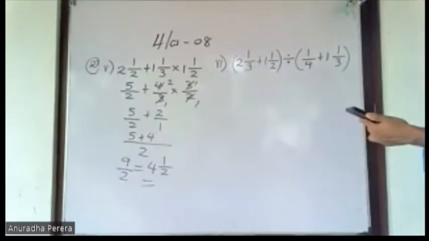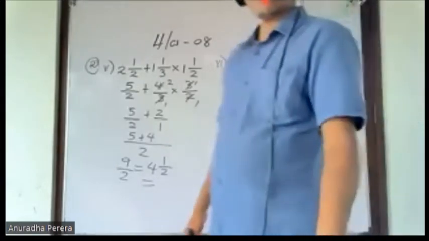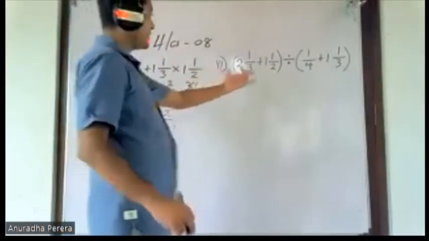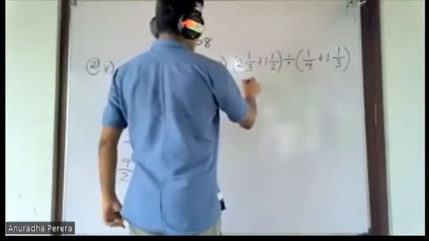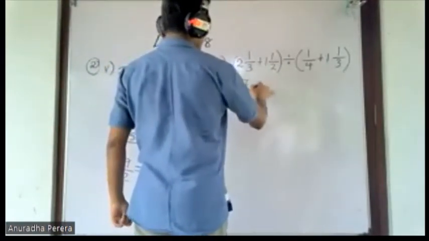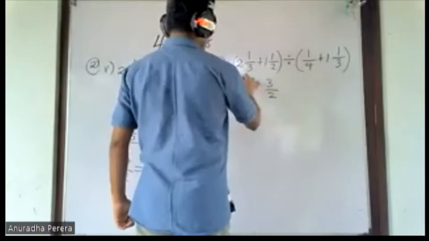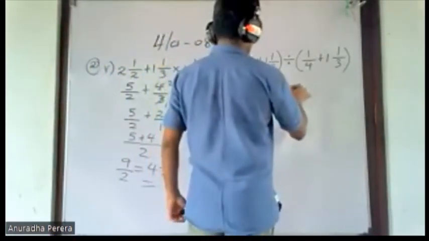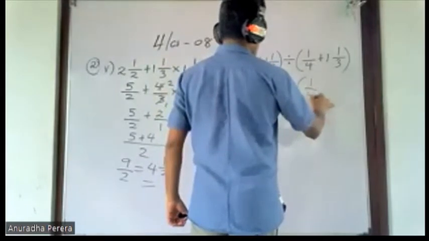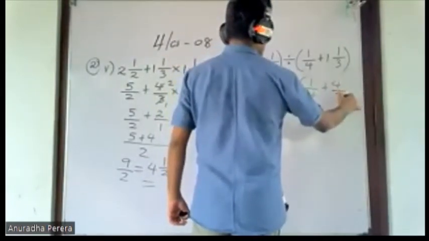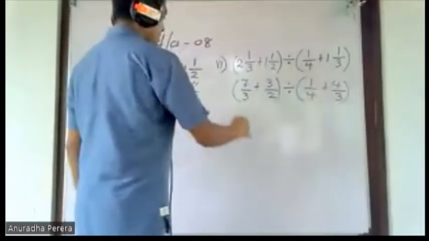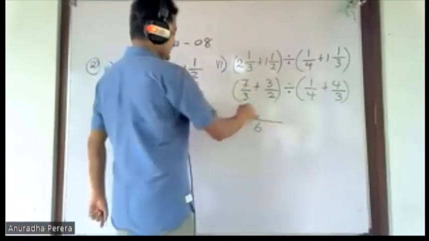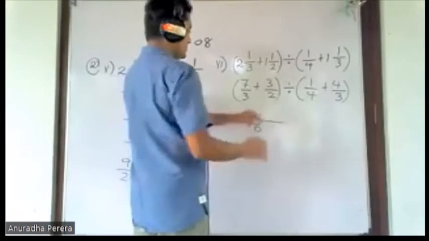1.5, 1/3. Right, first of all, the bracket should be simplified. 7/3, 3/2. 1/4, 4/3. Common denominator 6. Divide 6 by 3, 2 into 7, 14. 6 by 2, 3 into 3, 9.